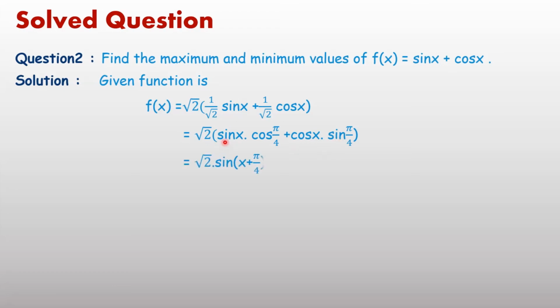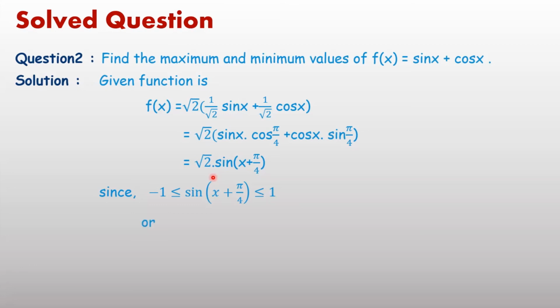Next step, apply the formula sin a cos b + cos a sin b, sin(a + b), means sin(x + π/4). Now since you know the maximum value of sin θ is 1 and the minimum value of sin θ is −1, −1 ≤ sin θ, θ meaning x + π/4, ≤ 1.